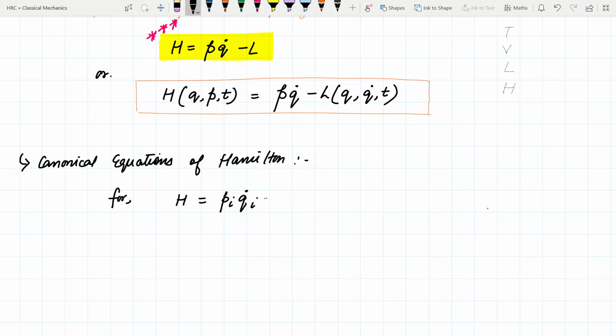So basically if i is equal to 1 to n, it involves a summation here. For more than one generalized coordinate you will end up getting a summation.